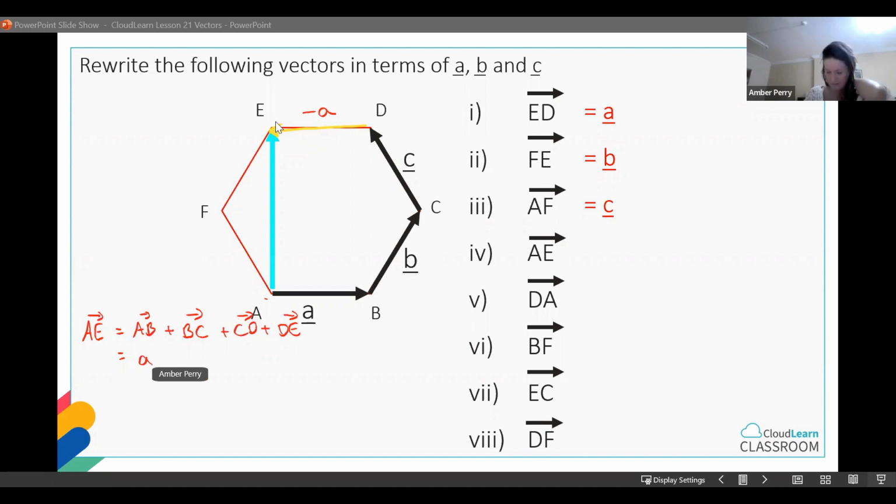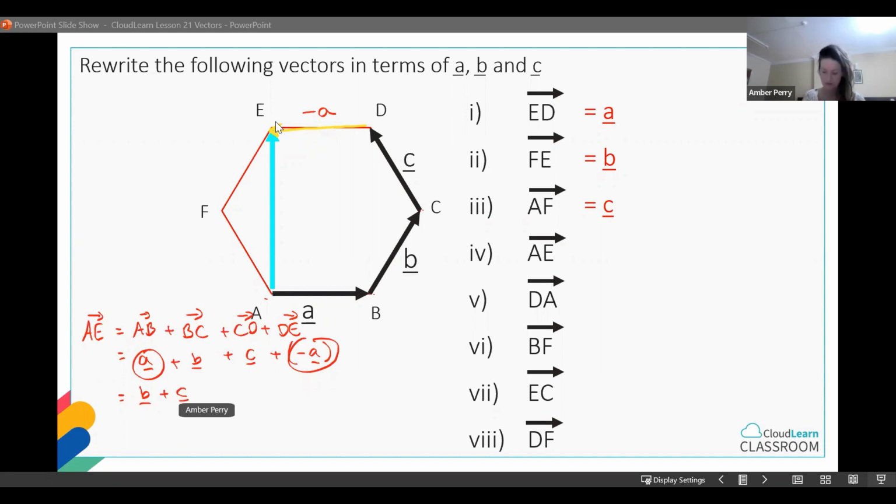So you've got A, that's AB, plus B to C, that's B, plus C to D is C, and then plus DE is minus A. And what you can see happening is that we've got vectors that cancel. We've got A and we've got negative A, so they will actually cancel each other out. So we are left with the vectors B plus C.